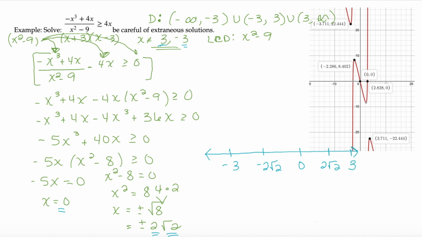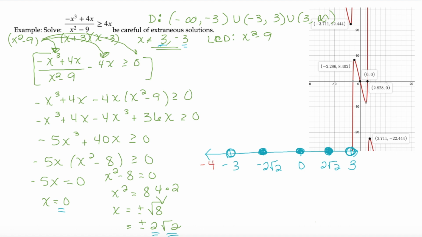Negative 3 and positive 3 will be excluded because they cannot be in our domain, whereas the rest are good solutions and are in our domain. So when I'm looking for test values, I need 6 of them. I need at negative 4, so what happens below negative 3?